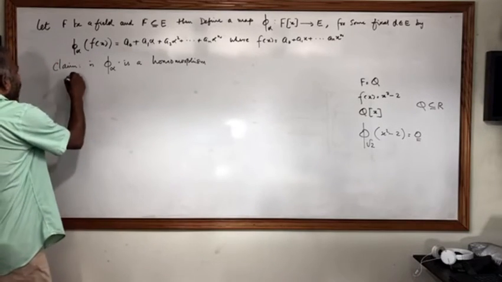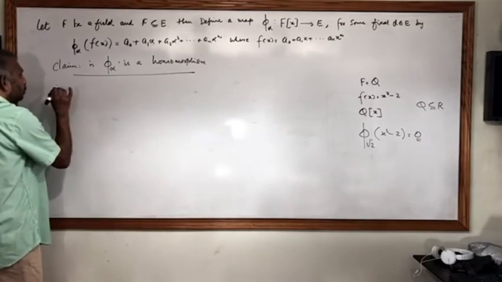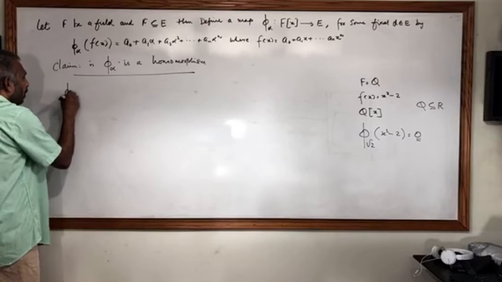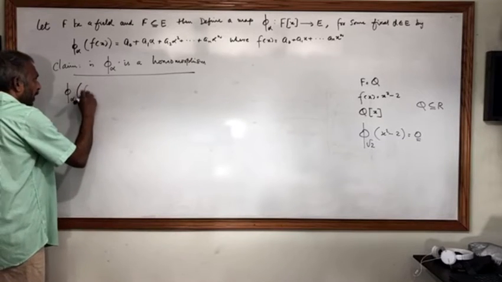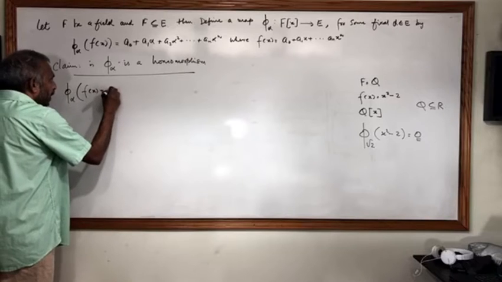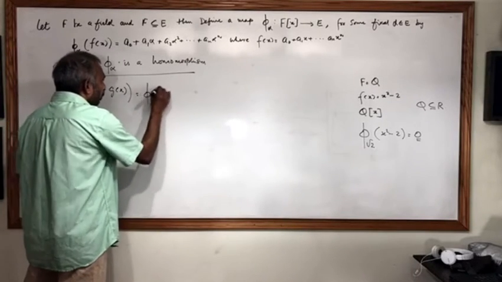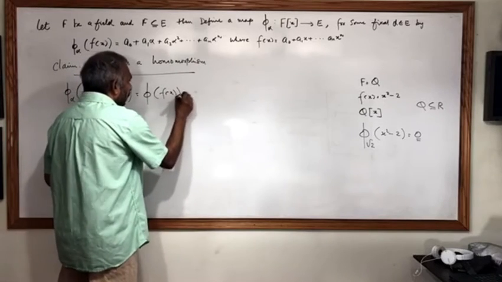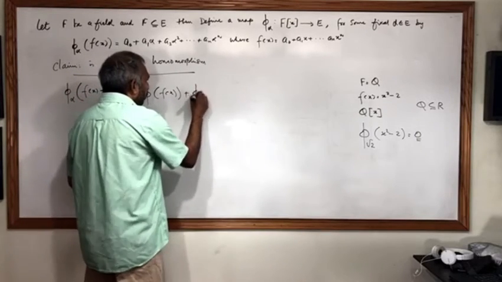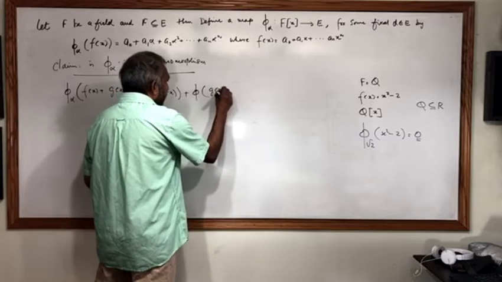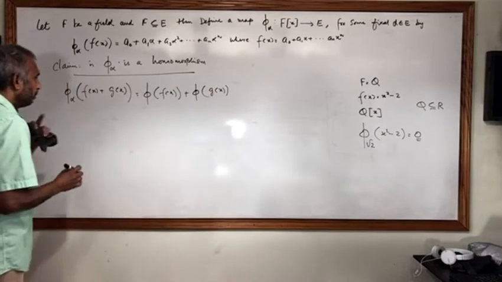Okay, if you want to show this is a homomorphism, there are two things we need to prove. Phi alpha of f of x plus g of x is equal to phi alpha of f of x plus phi alpha of g of x. That is very simple.